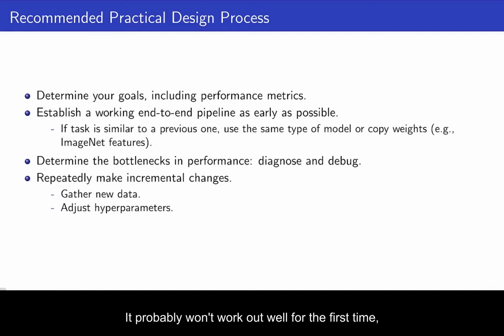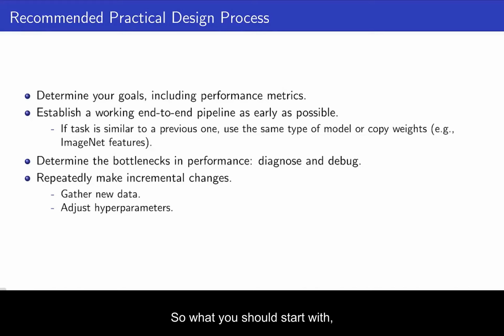It probably won't work out well for the first time, but maybe you get lucky. But most often what you do is this iterative refinement cycle where you add one component at a time and you keep monitoring the performance and you keep debugging it. In case things don't work out, then you reiterate this performance. So we will go more into how to do this debugging step in the later slides.